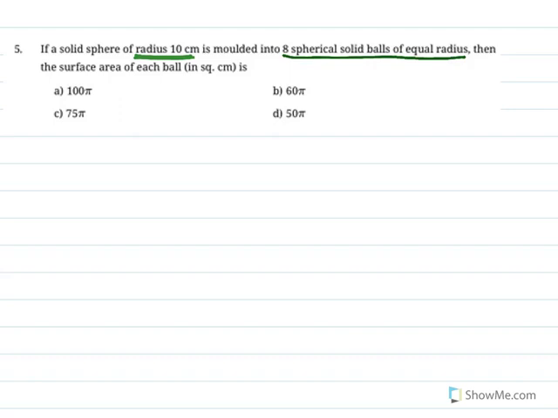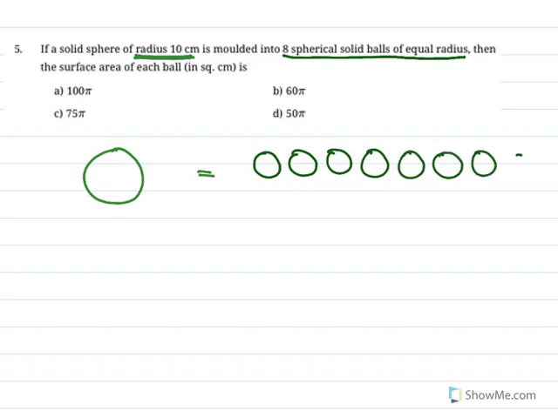Now in this sum, we have a solid sphere whose radius is 10 centimeters, a large sphere, and it is melted into 8 small little spheres, which means the volume of this large sphere, which is 4 by 3 pi r cube, will be equal to 8 times these small spheres. So 8 into 4 by 3 pi small r cube, that is the r of each small sphere.